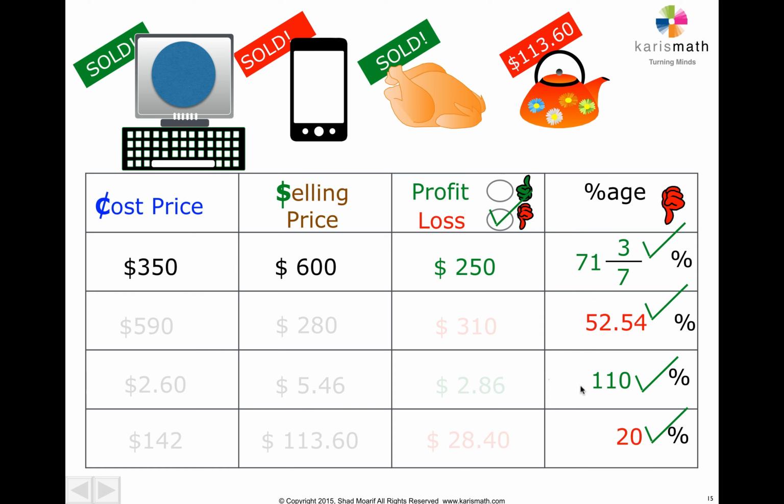So that's how you understand profit and loss and percentage profit and percentage loss. You measure your profits and loss through that standard of 100. Means you always imagine you bought something for 100, how much would you sell it for? And that's how you understand profit and loss in terms of percentages.